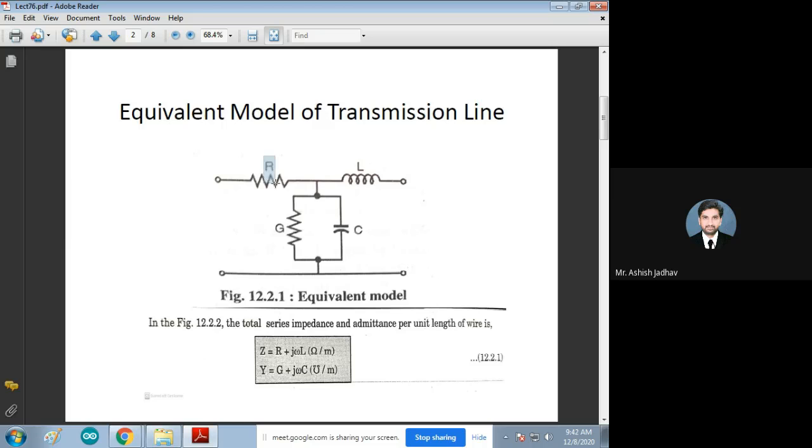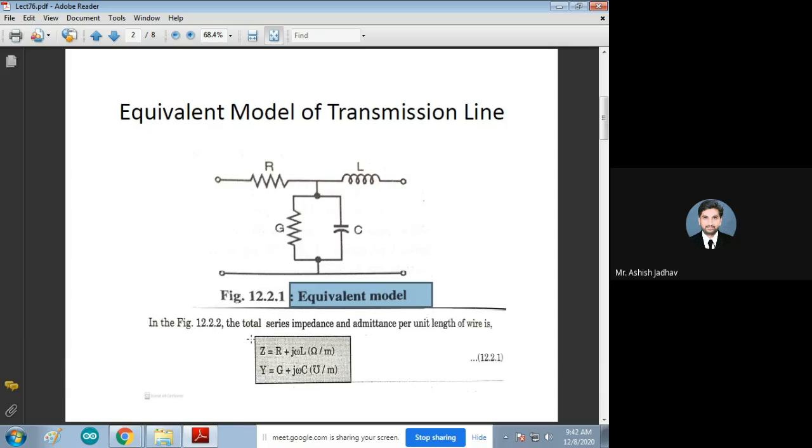So all those resistance, inductance, capacitance, conductance values are distributed parameters for the transmission line, and they are distributed over the entire length of the transmission line. So this is the difference between lumped parameter and distributed parameter.